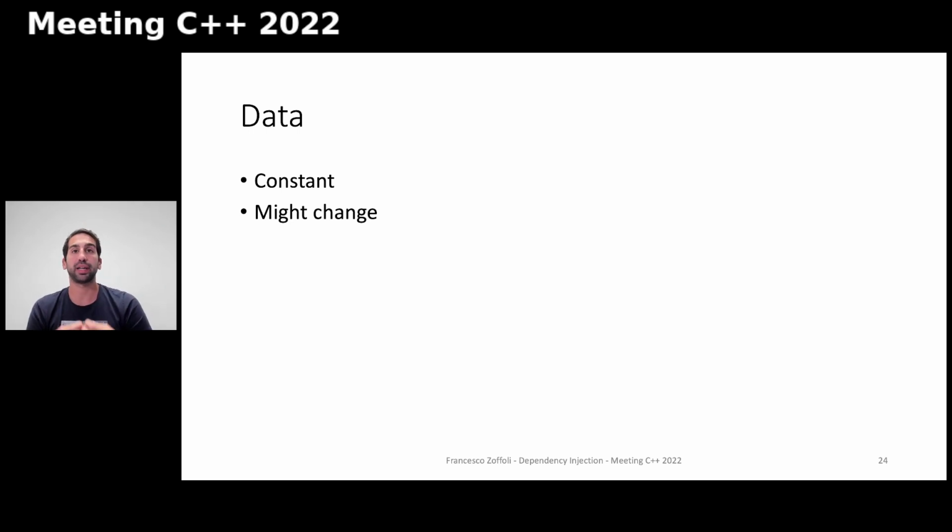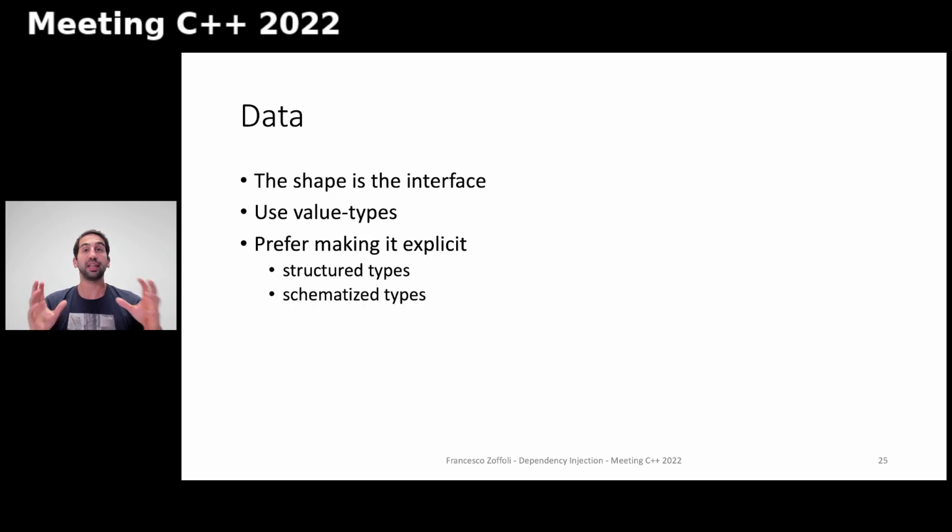While the other one is a constraint on the user. Because the data must be constant, the user cannot modify this data for the duration of the dependency. The other aspect of data as a dependency is that the shape of the data is the interface.